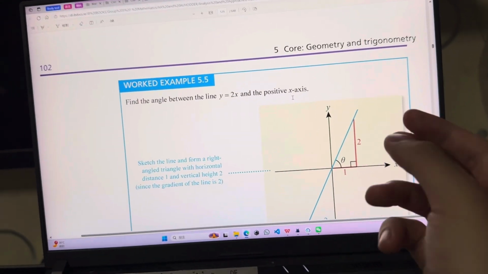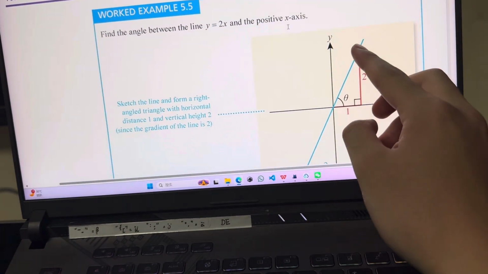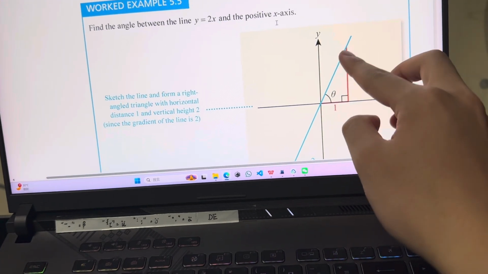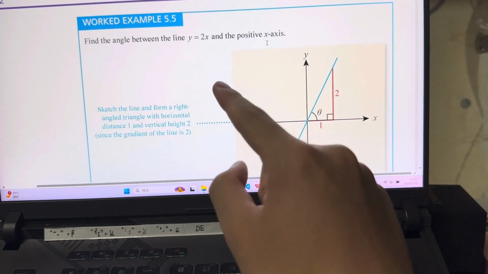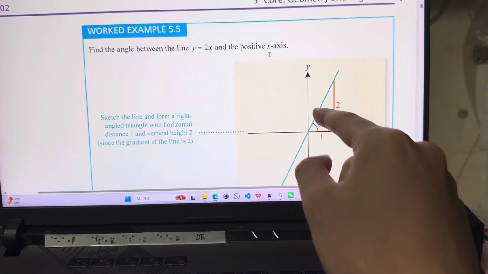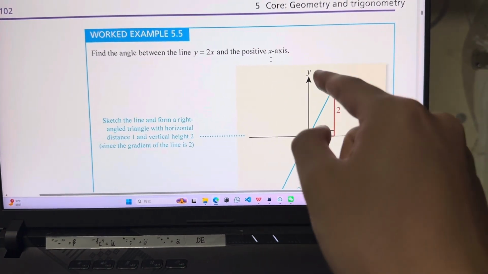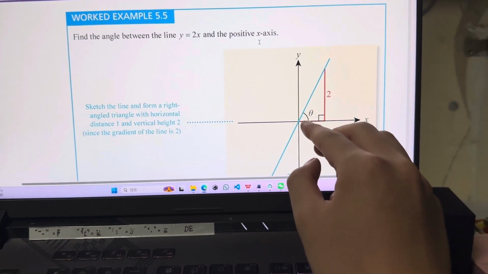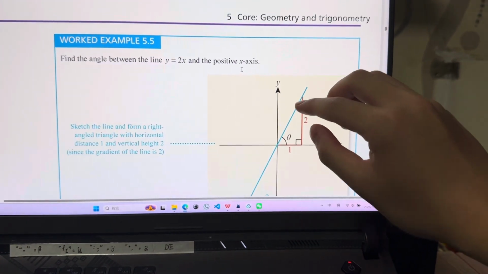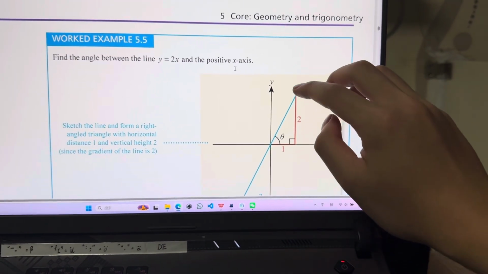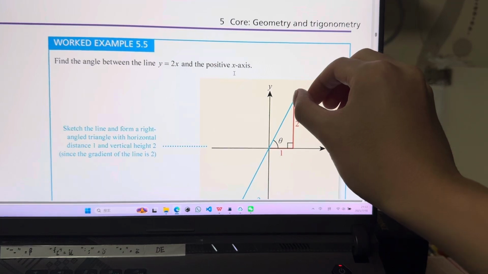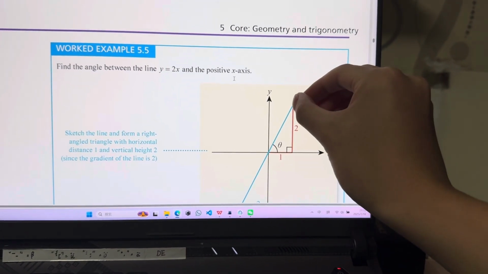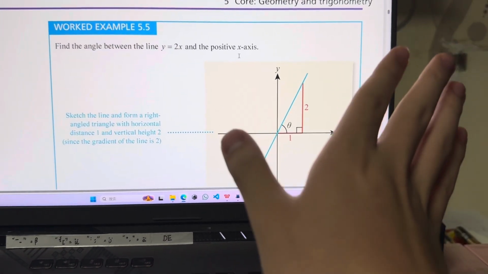So what we should do is create a line which is perpendicular to the x-axis. Then we have this point, right? From this point we try to make everything easier.